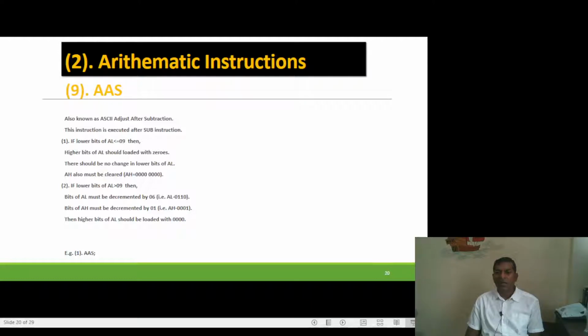AH also must be cleared. If the lower bits of AL are greater than 09, then AL must be decremented by 06. AH must be decremented by 01. Then the higher bits of AL should be loaded with 0H.